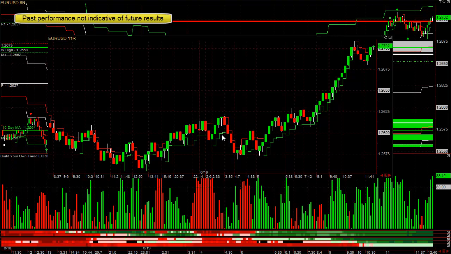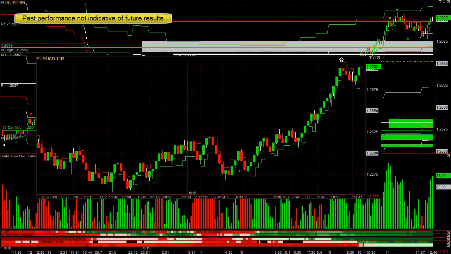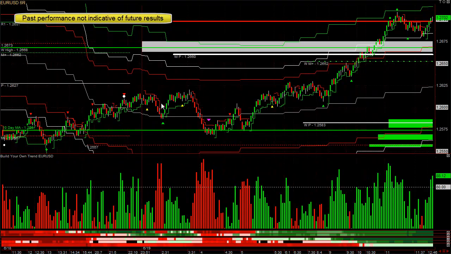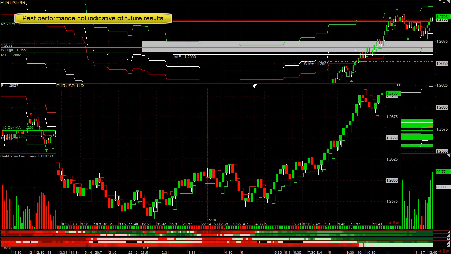And then with our intelligent trailing stops, you can see it flips a lot less. The number of flips today was 1, 2, 3, 4, 5, 6, 7 flips today with the 11 pips per bar chart, versus 18 flips on the other chart. So it's a lot less direction change.